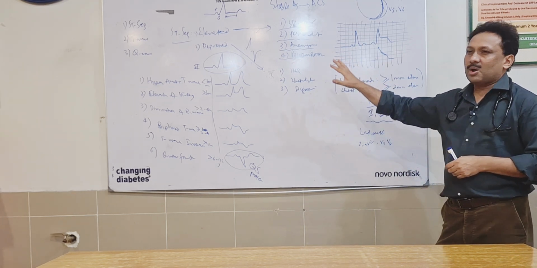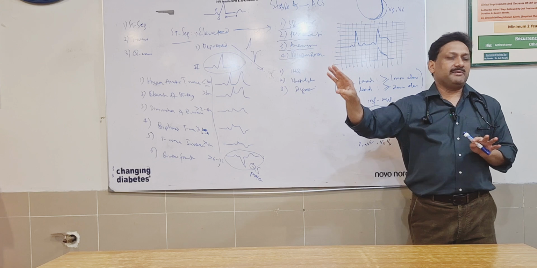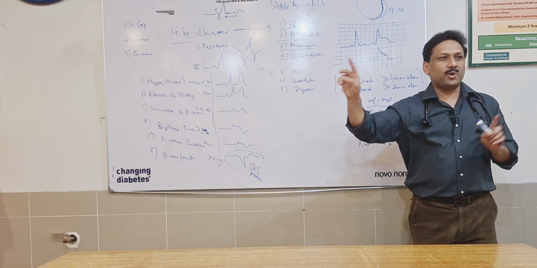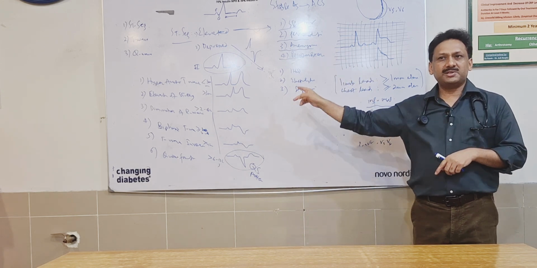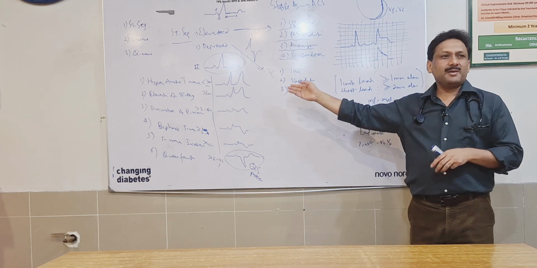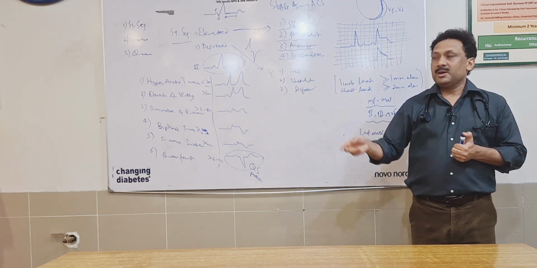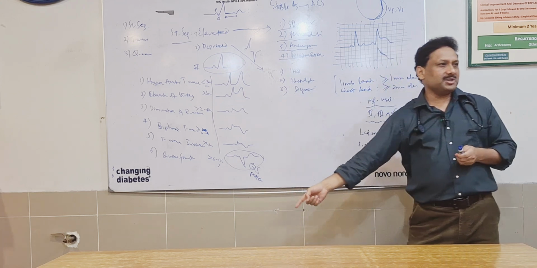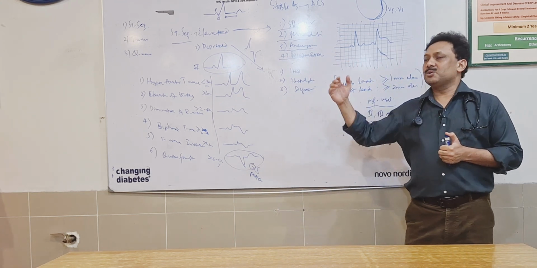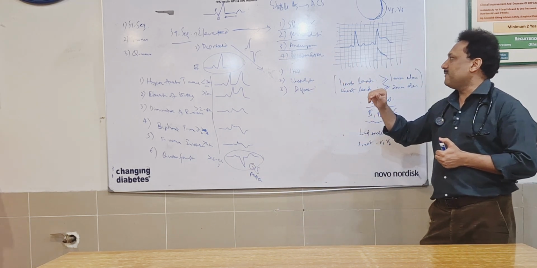So that was all about ST segment elevation. 4 differentials, points to remember. Remember 4 differentials. Remember 2 to 3 differentials of the depression. Remember the 6 stages through which a person goes when he or she suffers from myocardial infarction.